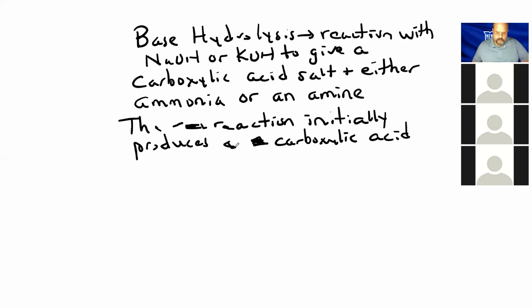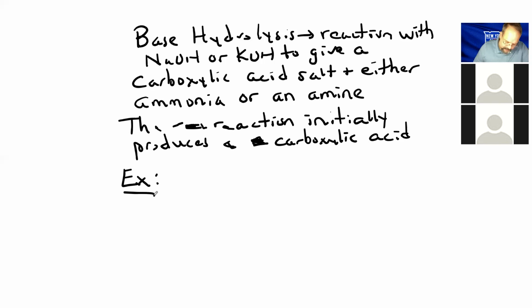Okay. So again, it's kind of tricky to show a general equation for this reaction. So let's just do a couple of examples, one with sodium hydroxide and the other with potassium hydroxide. So let's use this amide first.